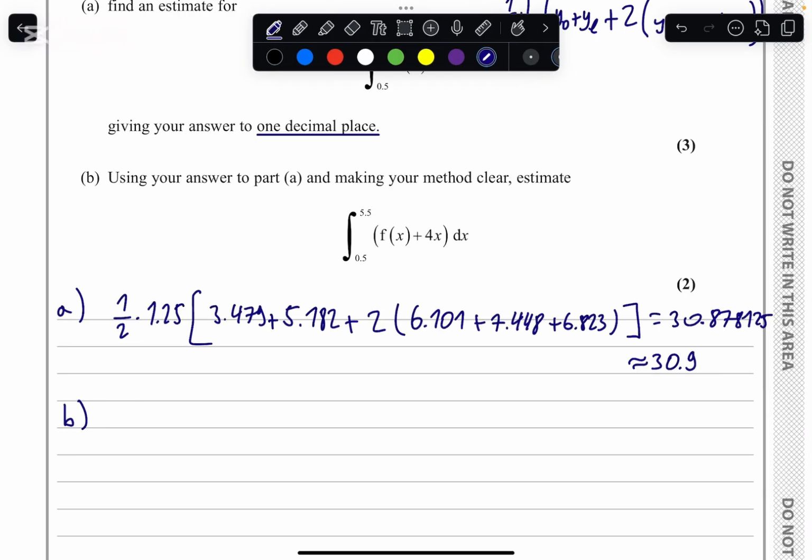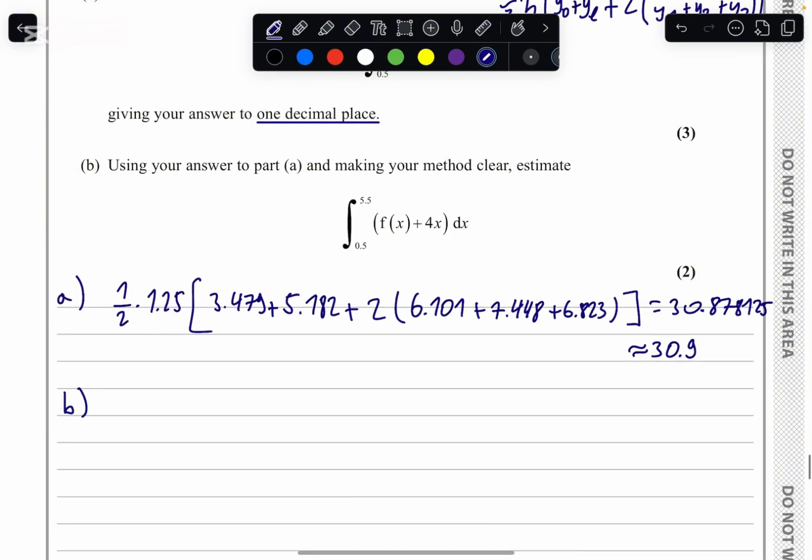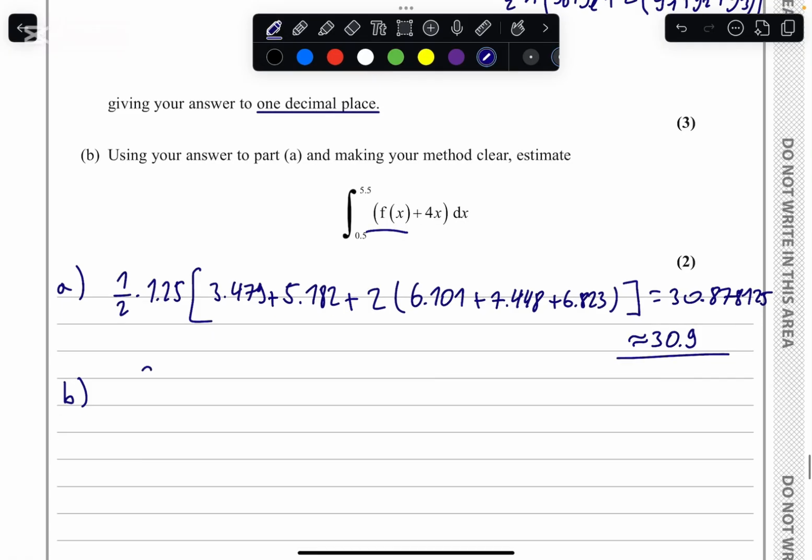Part B says, using your answer to part A and making your method clear, estimate the below. Since we found the integration of f of x, which is right here, we only need to find the integration from 0.5 to 5.5 of 4x.